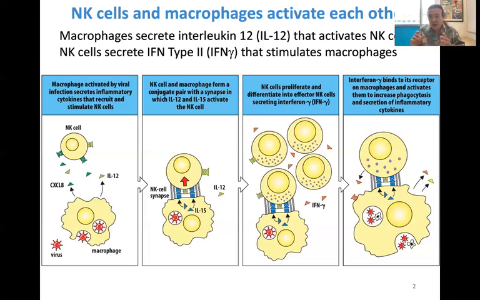An important thing to think about is that we've talked about how many cells respond to cytokine signals, the small proteins that are released by cells as a way to communicate with each other. We saw how, for example, cytokines are a way for one type of immune cell to attract another immune cell.